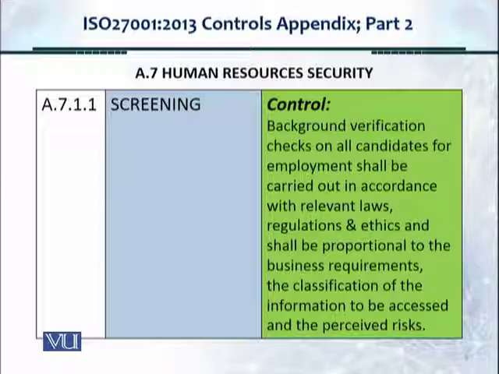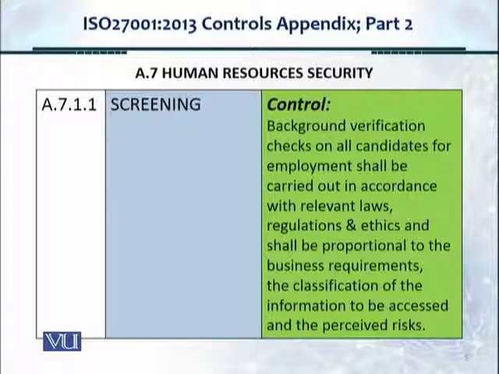Now, A.7.1.1 refers to screening. And in screening, let's take a look at the control in green. Background verification checks on all candidates for employment shall be carried out in accordance with relevant laws, regulations, and ethics, and shall be proportional to the business requirements, the classification of the information to be accessed, and the perceived risks.